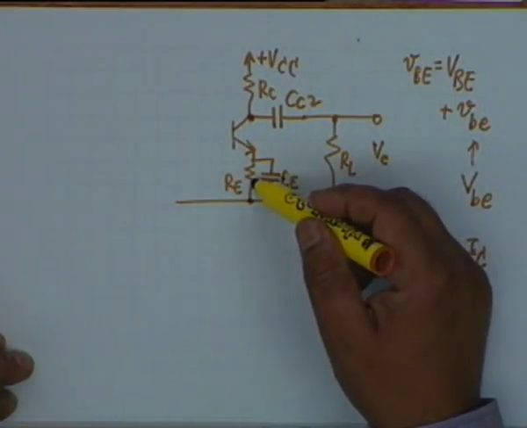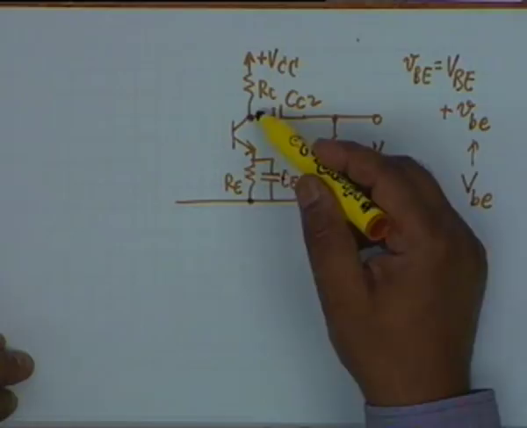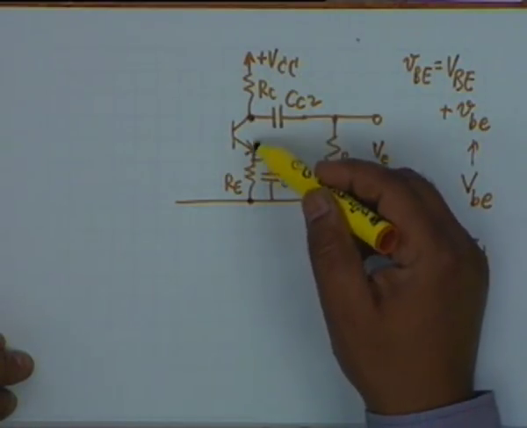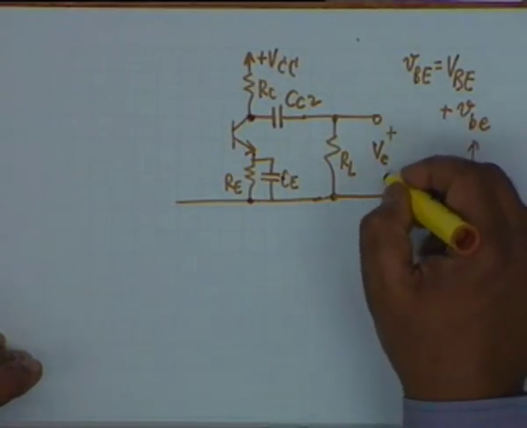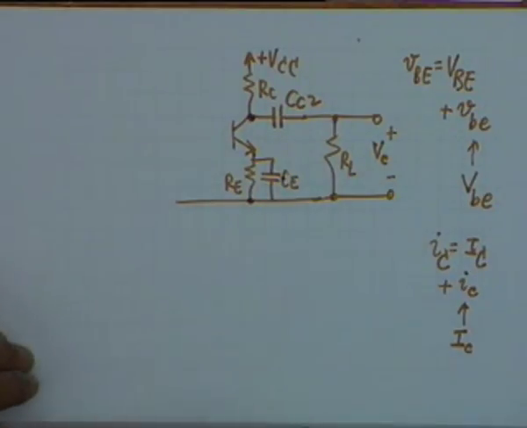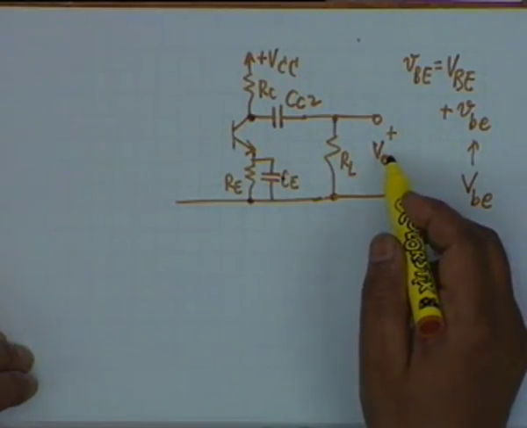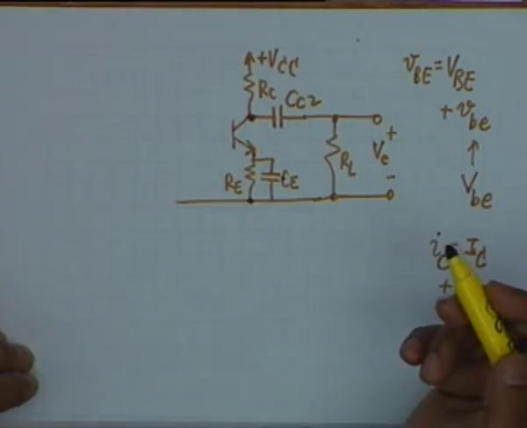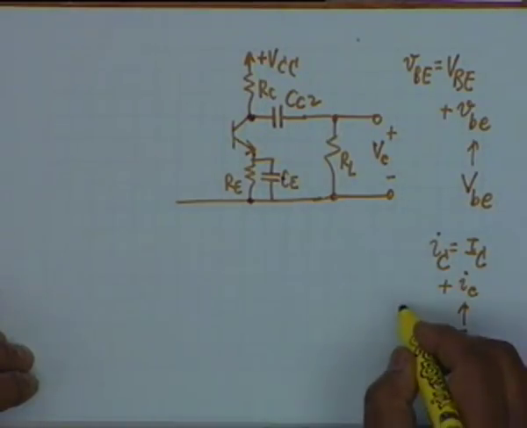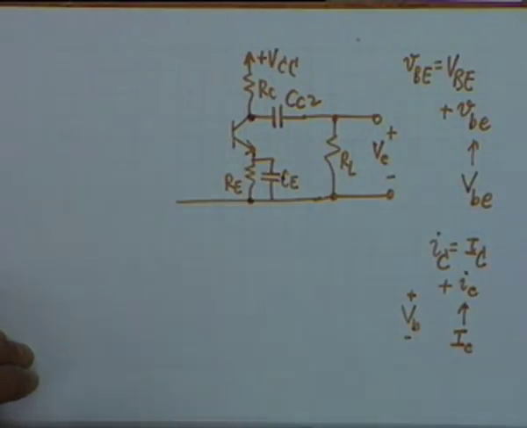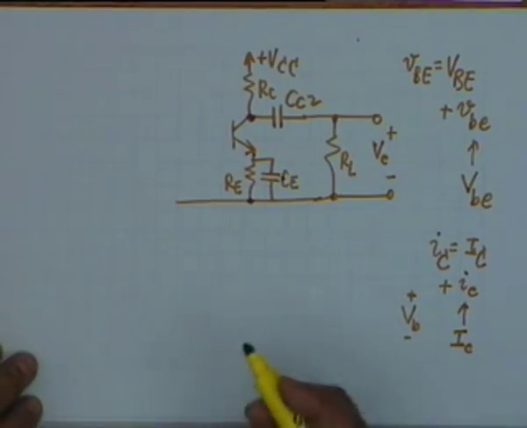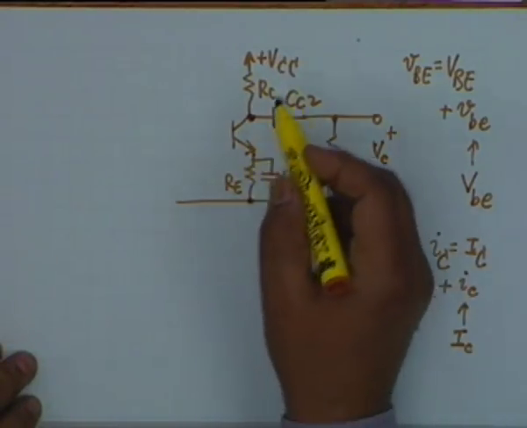CE makes RE short, and therefore this is the voltage. VCE or VC to ground is the same thing. So we shall call it VC, simply VC, and we will note down a polarity. This polarity shall be a relative polarity. For example, if V sub capital B is positive, then you know that V sub small c shall be negative. There is a phase change. Well, this will be clear in the subsequent discussions.